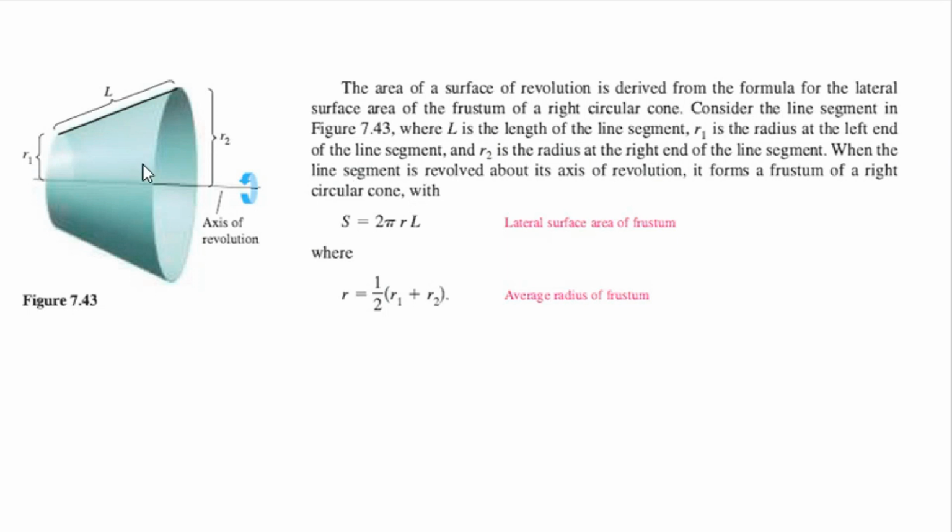When the line segment is revolved about its axis of revolution, it forms a frustum of a right circular cone with S equal to 2 pi R L. This is the formula for the lateral surface area of the frustum, where R is 1/2 of the sum of R1 and R2, known as the average radius of the frustum.